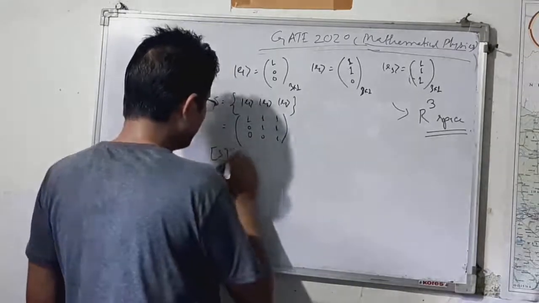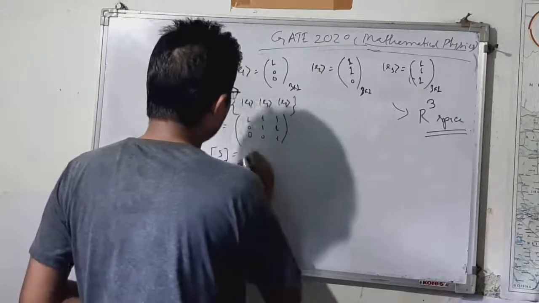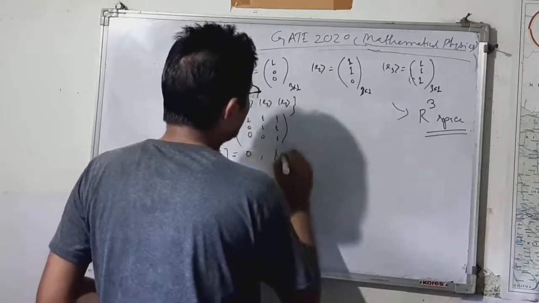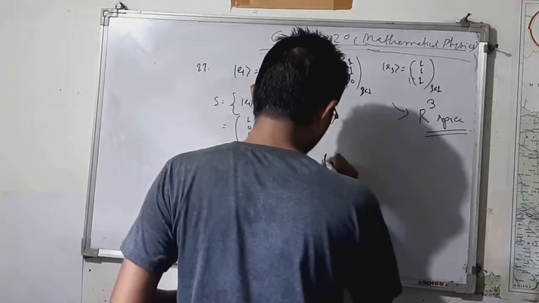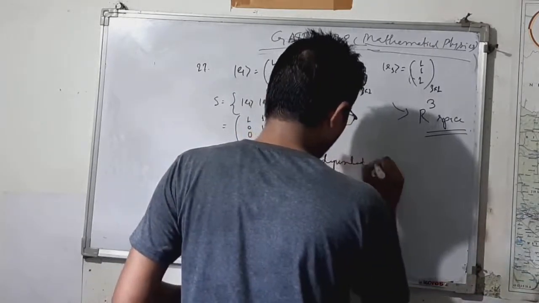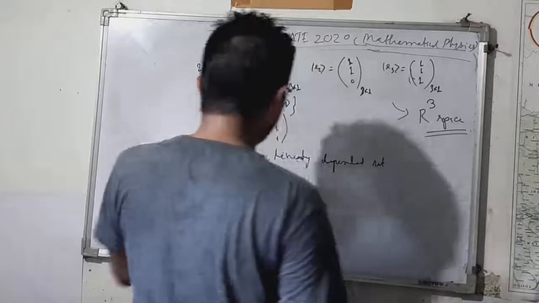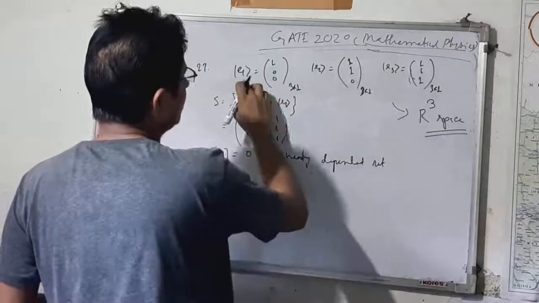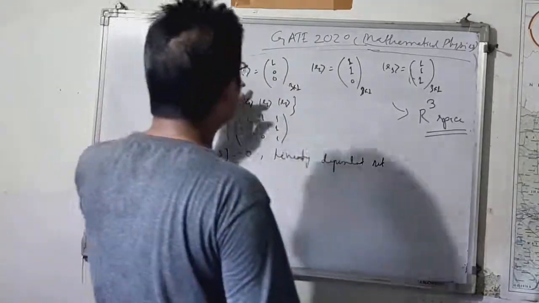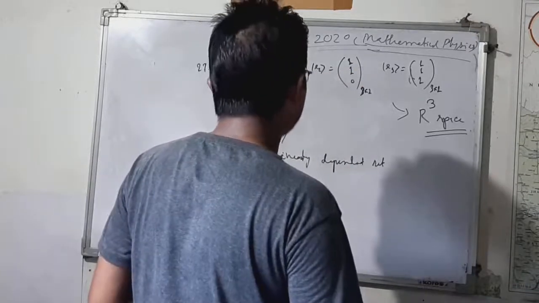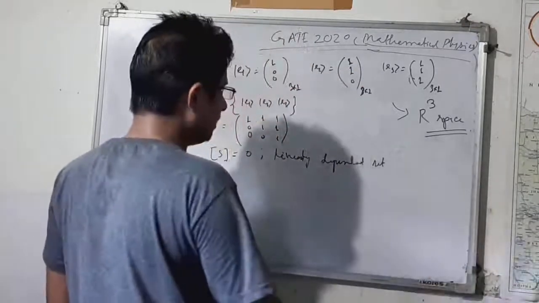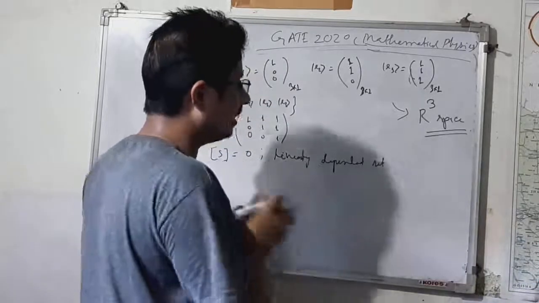If the determinant of S is equal to 0, then it gives a linearly dependent set. Linearly dependent means you can express one vector in terms of the others, for example e1 in terms of e2 or e3, or e2 in terms of e1 or e3. If it is possible, then it is linearly dependent. If it is not possible, then they are linearly independent.